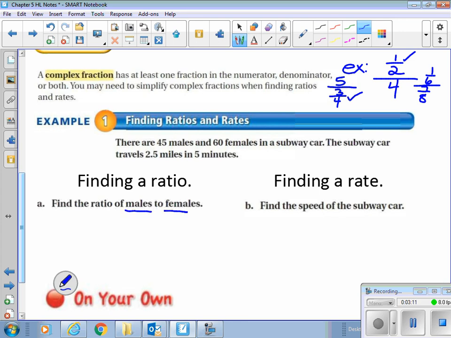Males to females, so males should come first if you're writing it as a fraction. If I look back at the top, I can see that there are 45 males and 60 females, so I would write it as 45 to 60. That's one way of writing a ratio.